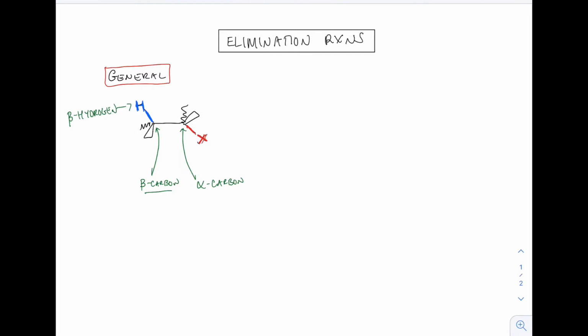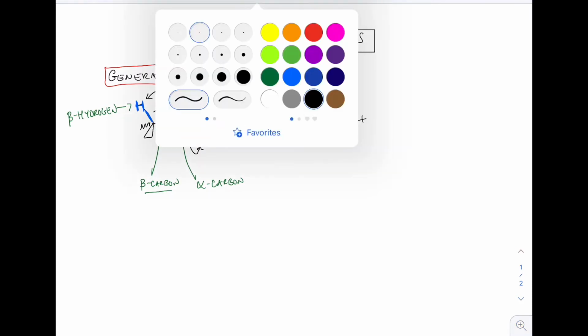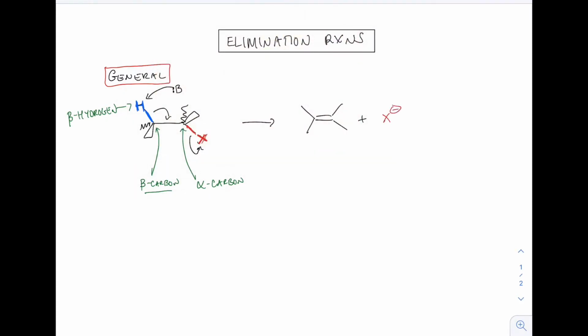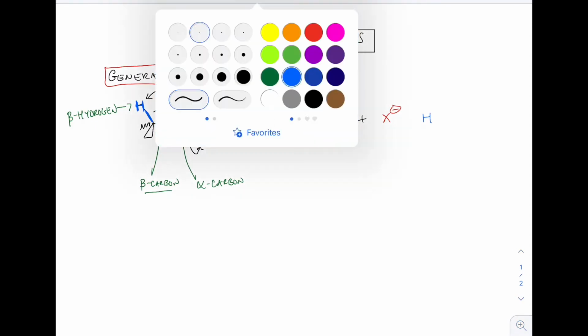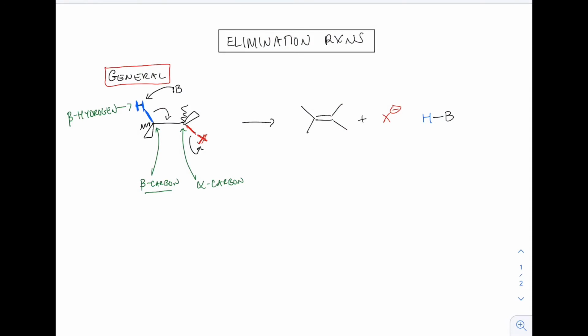Now this is important because for an elimination reaction, we essentially have to remove a beta hydrogen, and then those electrons create that pi bond, which kicks out that leaving group, therefore forming an alkene. Plus we have our anion as well as our conjugate acid for whatever base we used.